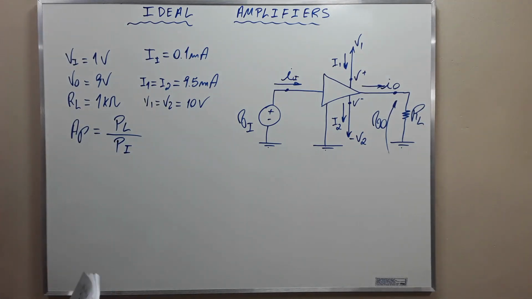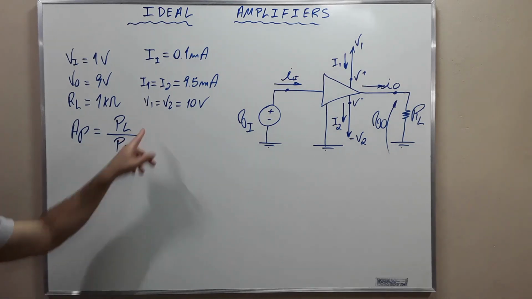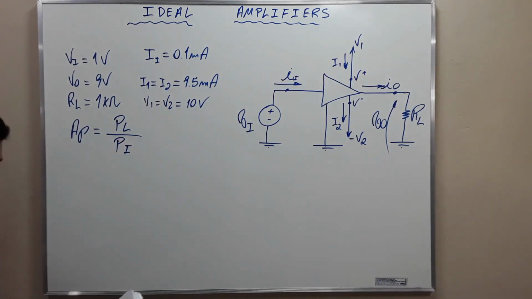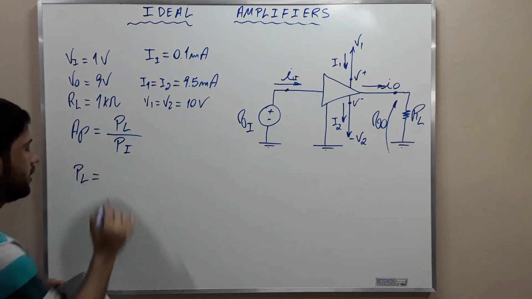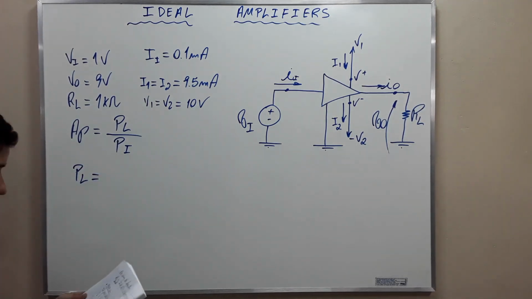First of all, let's calculate the power delivered to the load. The power delivered to the load is going to be the multiplication between the RMS values of the output voltage and the output current.